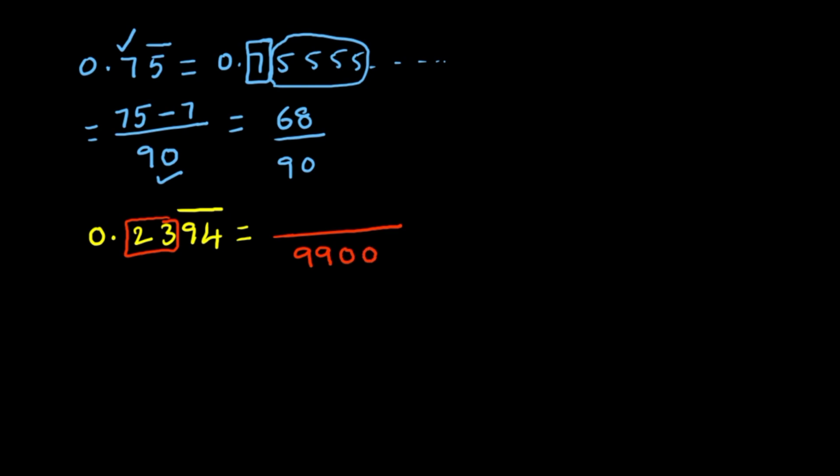Next, without decimal and without bar you write the actual number, that means 2394. Now minus, subtract this 23 from that.